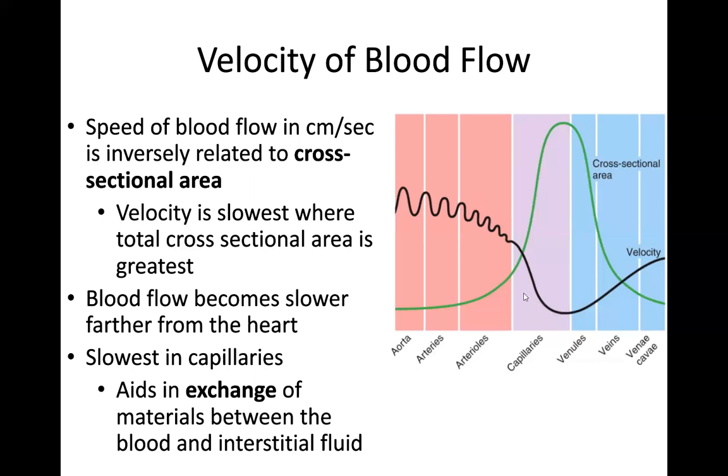Oxygen and other nutrients are leaving the blood to go to the tissues, and CO2 and other wastes are coming into the blood. And then just like when you get your food and you're able to leave the drive-through, the velocity can pick back up. So that's the analogy that I always use, and it seems to be pretty good for visualization purposes.